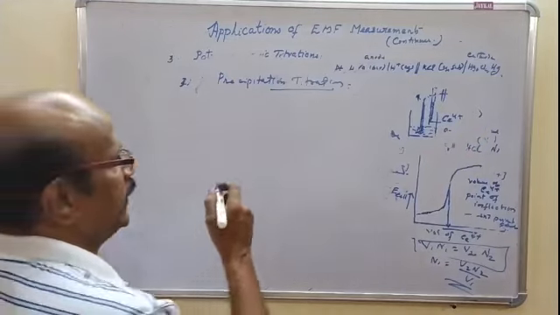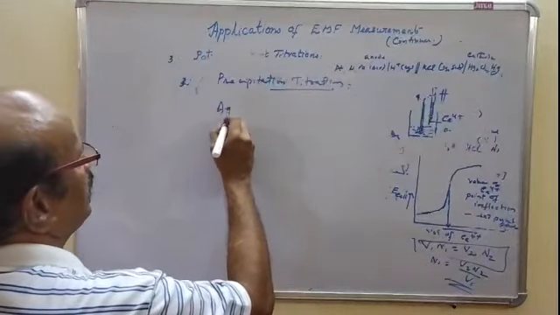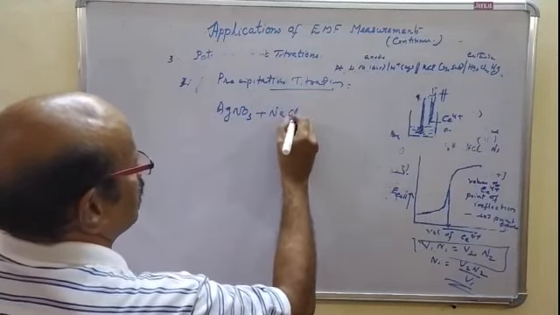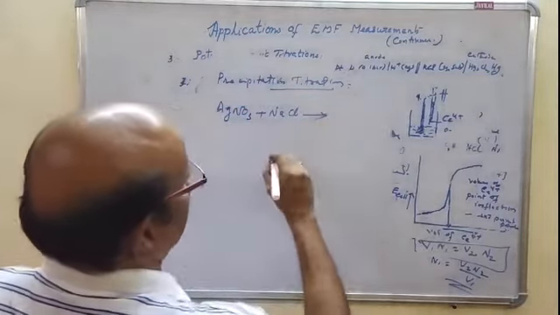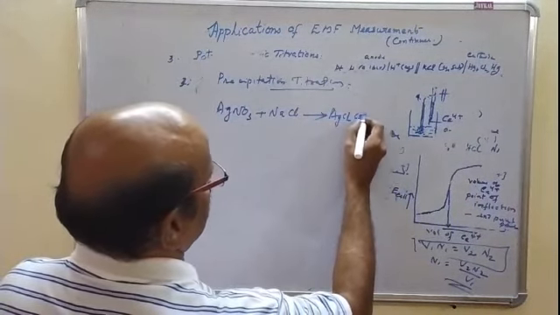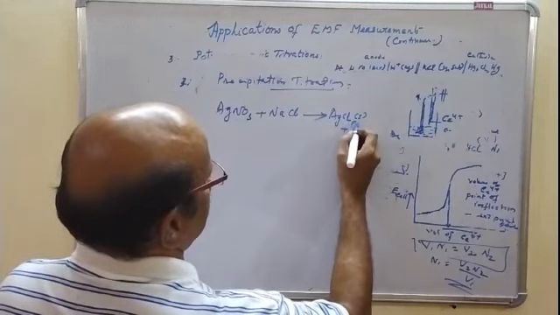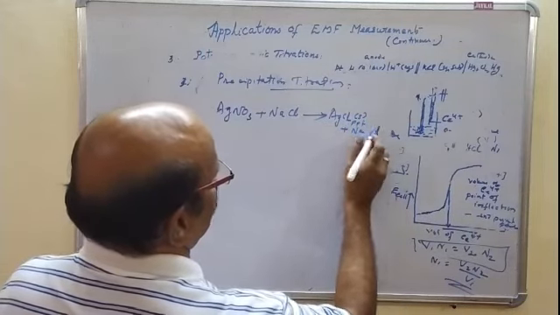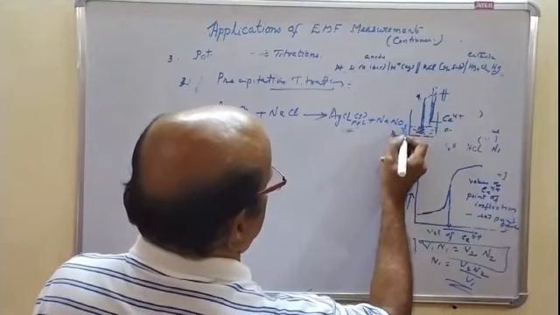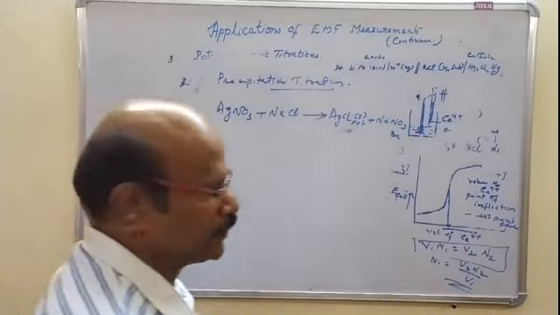An example is the reaction between AgNO3 and NaCl. Silver nitrate and NaCl give AgCl precipitate plus NaNO3. This precipitation titration can be monitored very well potentiometrically.